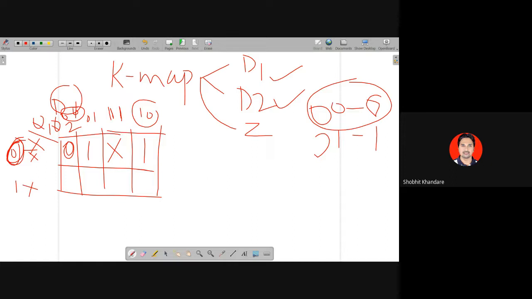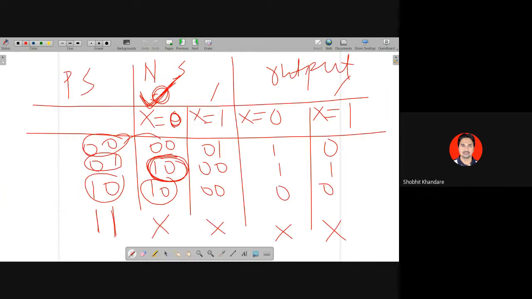Okay. Similarly, when your input is 1 and your present state is 00, go back to here, 00. You will go to the next state as 01.